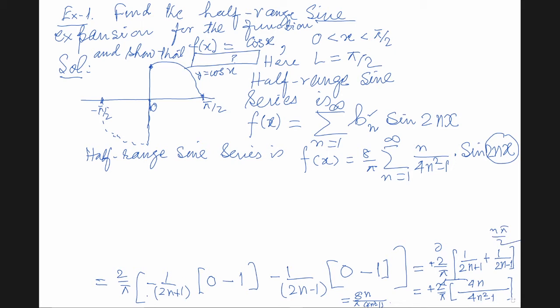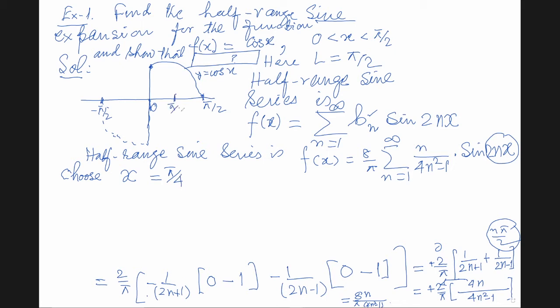So what will you choose here? Come on. What will you choose? 0? No, you cannot choose 0 because sine 0 is 0. I told you when there is a sine, you should try to bring n pi by 2. So what you have to do here? Pi over 4, and look at the function.